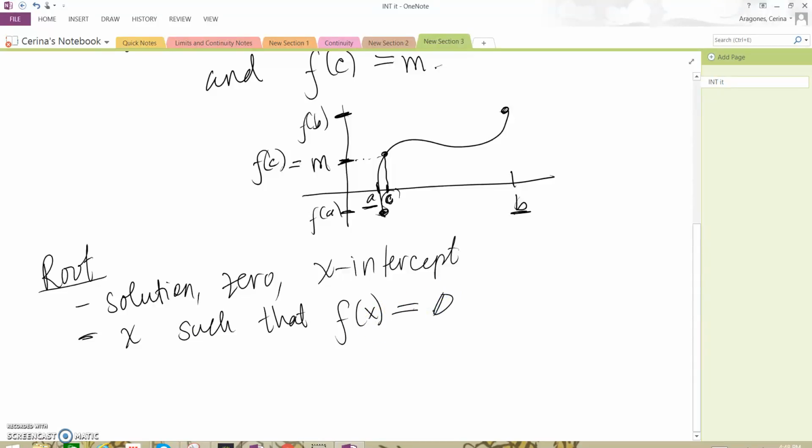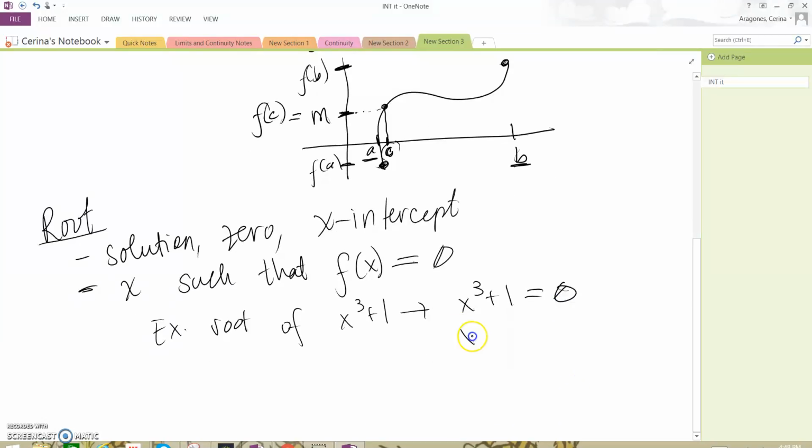So for example, the root of x cubed plus 1 is where x cubed plus 1 equals 0. So I want to find the x that makes this true. So x cubed equals negative 1, x equals negative 1. That's my root right there.